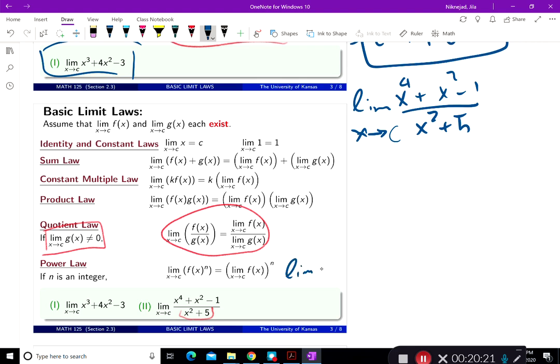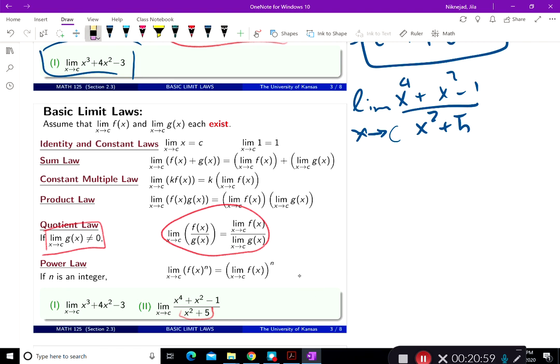If I find the limit of x squared plus 5 as x goes to c by plugging in, I get c squared plus 5. This is never 0. Why is it never 0? Because c squared is always bigger than or equal to 0, therefore this is always bigger than or equal to 5. And so it's safe to use that law.